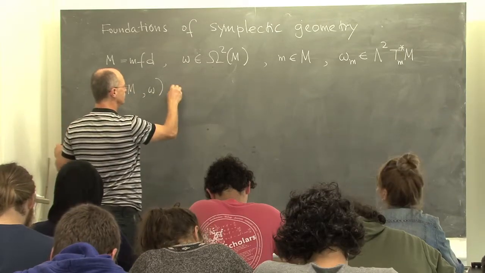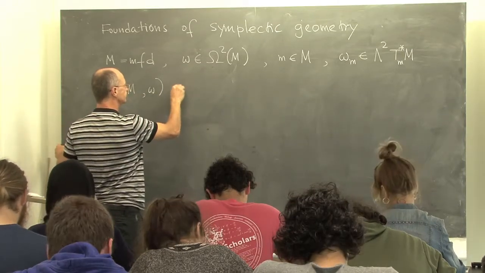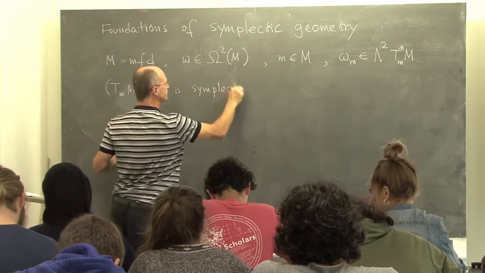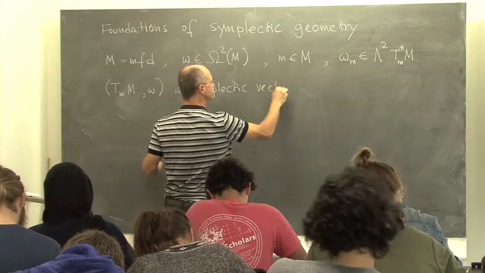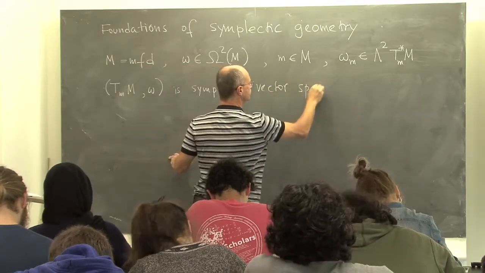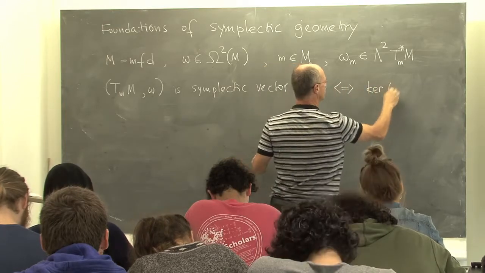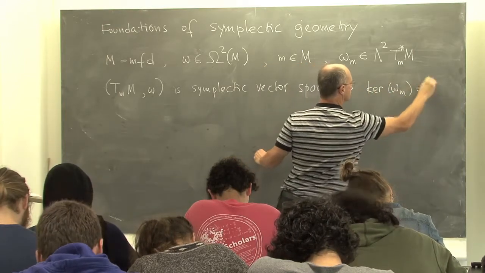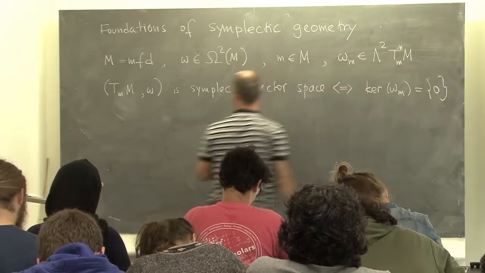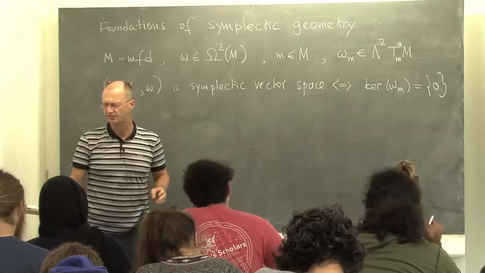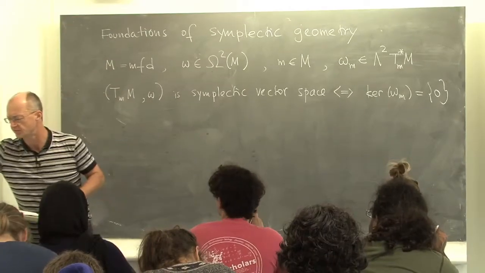And this vector space is symplectic means that the kernel of this form is 0. In fact, there is a little bit of confusion with terminology.